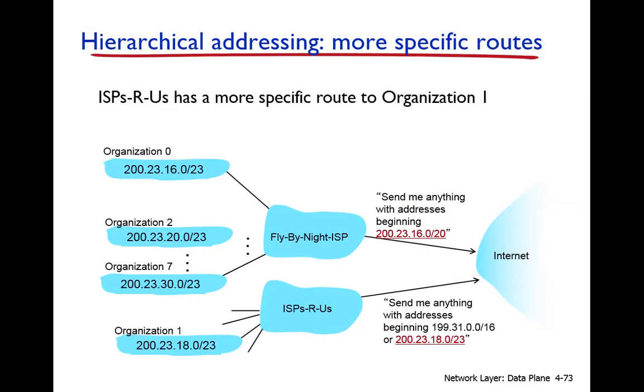Now suppose we have another ISP, ISPs-R-Us. It has two addresses. One is this IP address, which is very specific. Suppose it advertises: send me any message that begins with 199.30.16. So the first 16 bits, this common prefix, will be announced to all the routers.